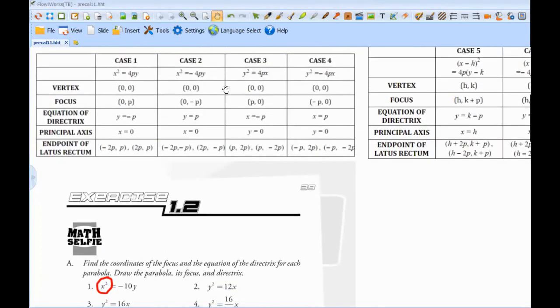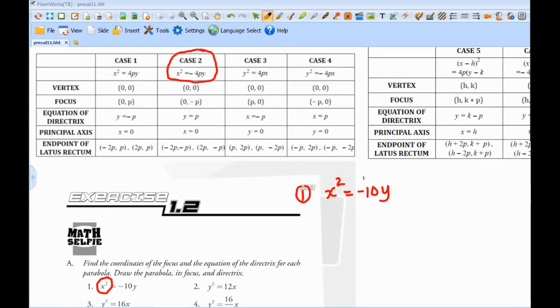They're all here. So the given question number 1 is x squared equals negative 10y. Which case are you going to use on this question? As you can see, it's in this form, so it is case 2, right?